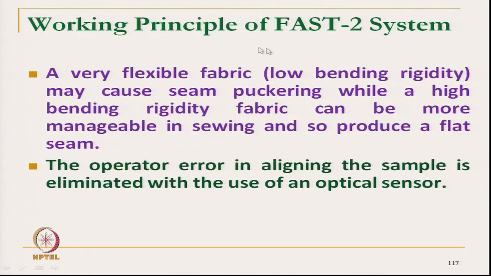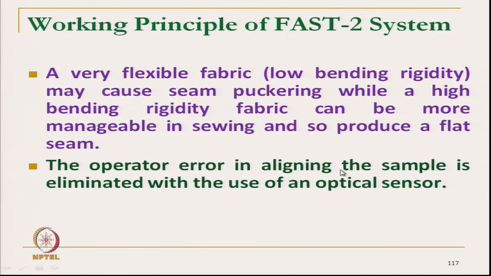So, in addition to the tactile sensation, the information this first instrument measures gives the idea about the sewability of the fabric. So, a fabric with a very low bending rigidity may cause seam puckering, while a fabric with high bending rigidity can be more manageable in sewing, so it produces a flat seam.